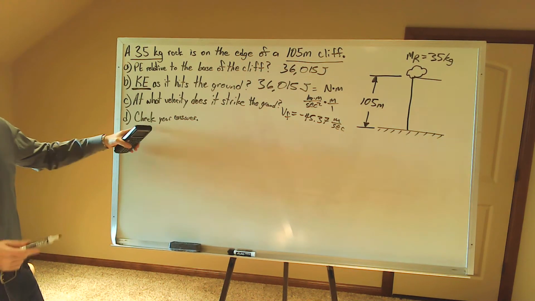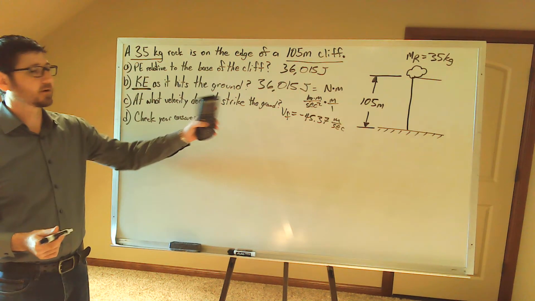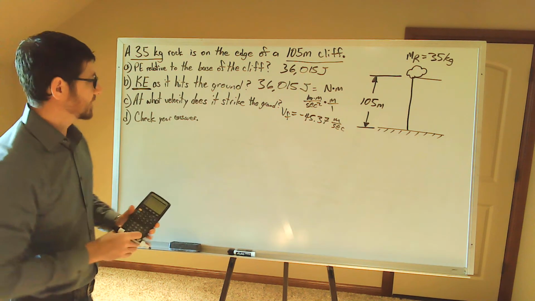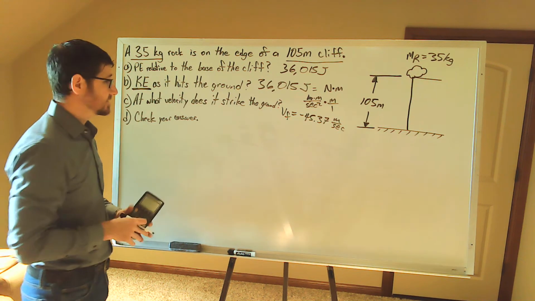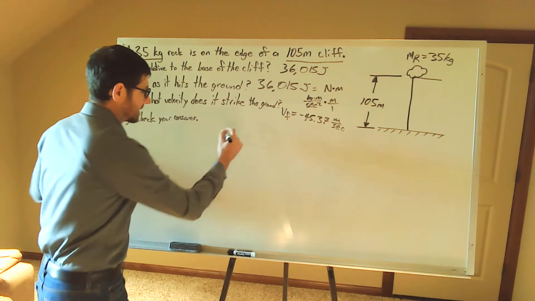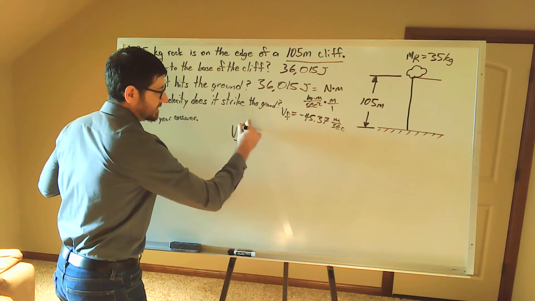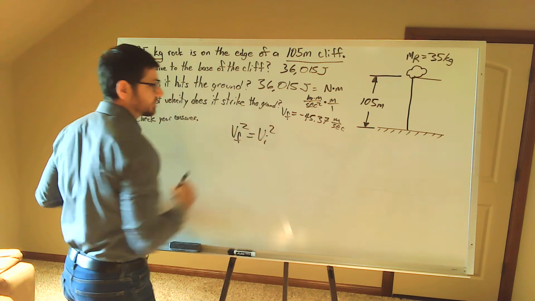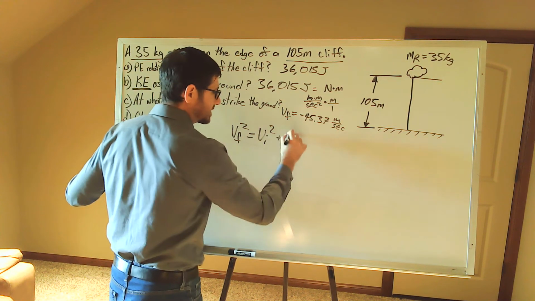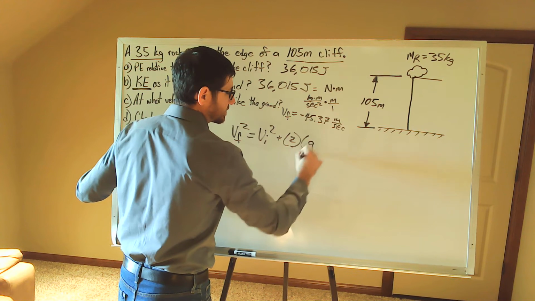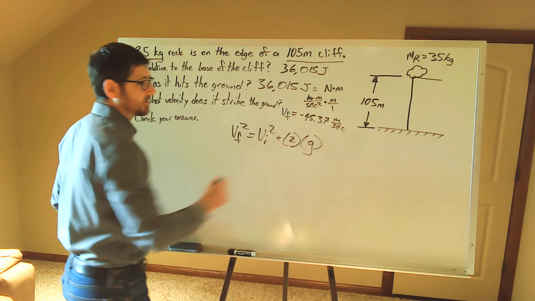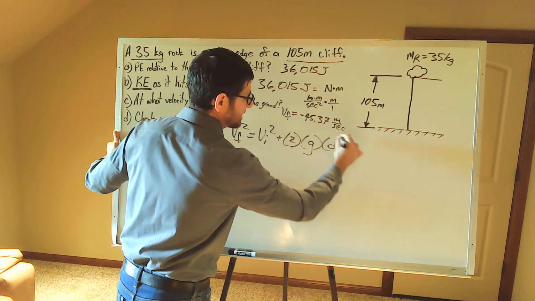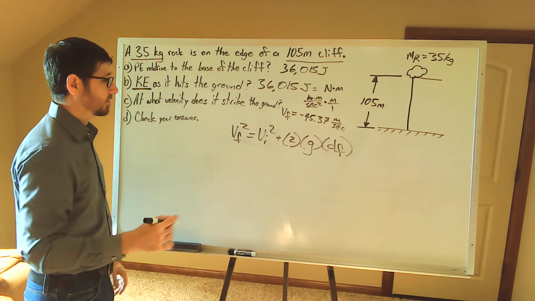Okay, let's take a look at part D. Part D, it says check your answer for the final velocity. Okay, what we can do is use the equation: the final velocity squared is equal to the initial velocity squared plus 2 multiplied by the acceleration due to gravity multiplied by the final displacement of our object.